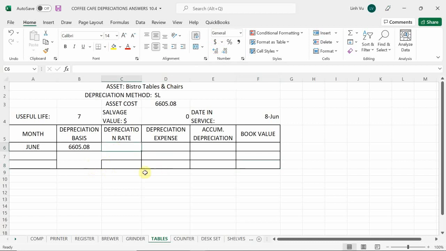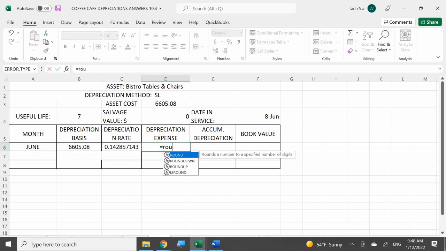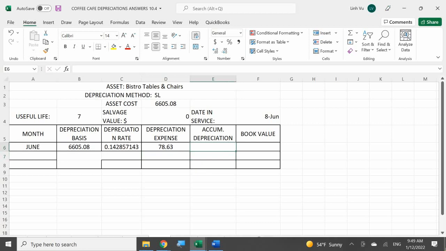All right. What's the depreciation rate? 0.14285714. Good. So therefore, how much depreciation expense is going to be for the month of June? $78.63.